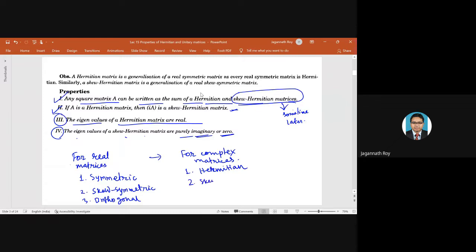This is skew Hermitian. So the third thing is a unitary matrix. These are the parallel concepts that we are going to discuss today.